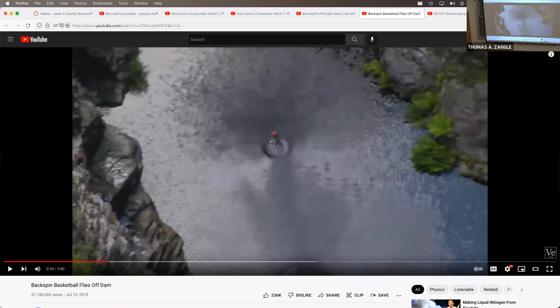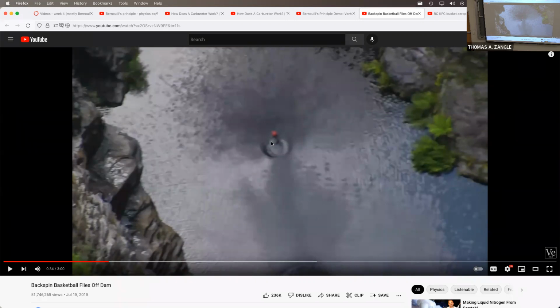At the upper surface of the ball, the ball is going to be dragging the air backwards, adding to this oncoming velocity, and we'll end up with a large velocity at the top. At the bottom surface, the ball is moving opposite the oncoming airflow, so it's going to be opposing this airflow, and it's going to result in a lower velocity at the bottom.